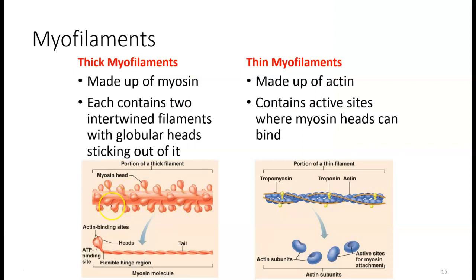My thick filaments have these heads on them, and my thin filaments have a couple of things on them. Number one, you can see I have my tropomyosin. That's the string that sits in front of these little pockets, and the string is there to prevent the muscle from contracting.